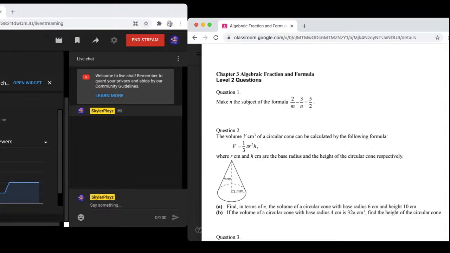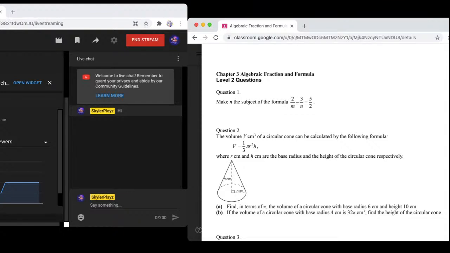Question 21. 2 over n minus 3n is equal to 5 over 2. Make n the subject of the formula. So, minus 3 over n is equal to 5m over 2m minus 4 over 2m.